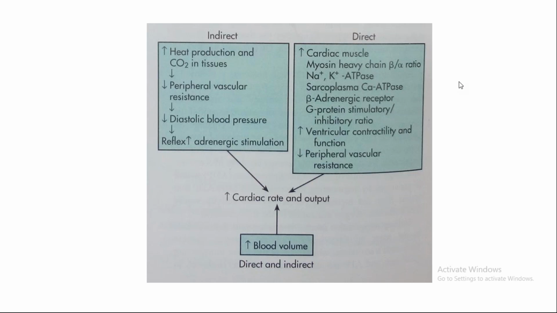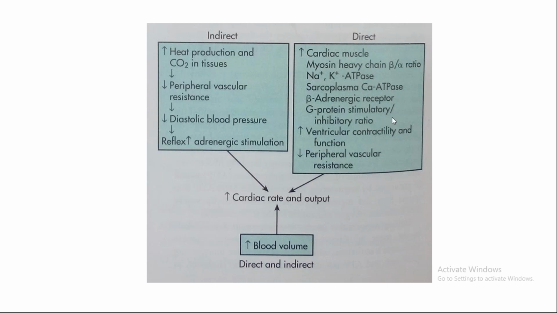Now, how are the direct and indirect effects there? What is the direct effect? On the cardiac muscle, alpha MHC activity is increased, sodium potassium ATPase activity is increased, calcium ATPase activity is also increased, and G protein activity is increased.